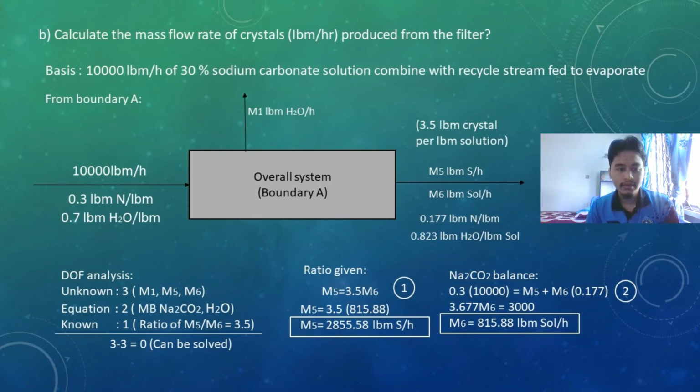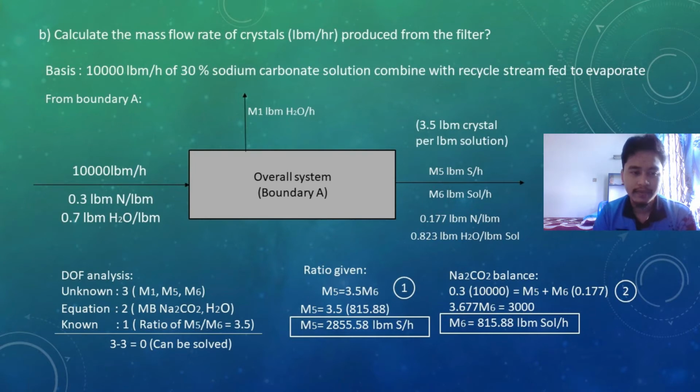After that, we do the DOF analysis, and the unknowns we have are 3: M1, MC, and M5. We have 2 mass balances, sodium carbonate and H2O, and the given ratio is M5 over MC equal to 3.5.